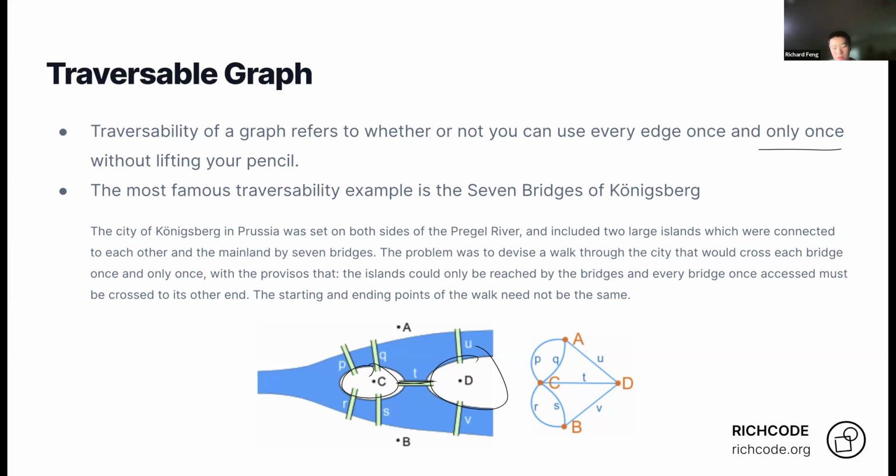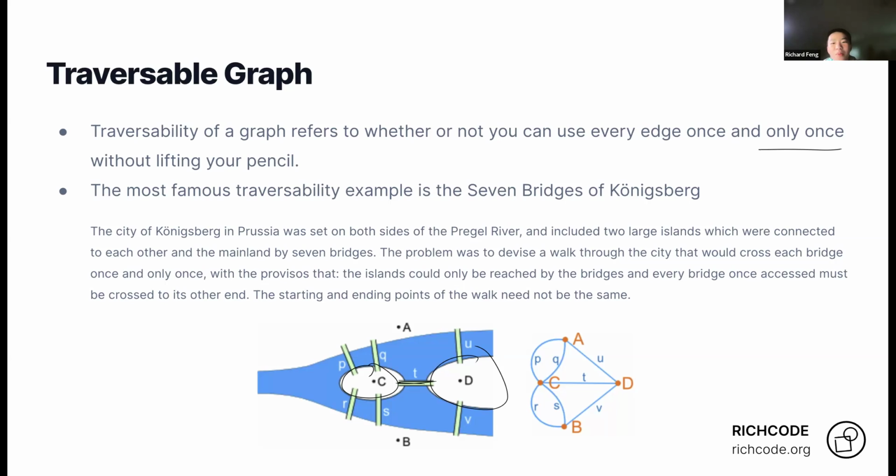The conditions are that the islands could only be reached by the bridges, and every bridge once accessed must be crossed to the other end. So you can't cross halfway and then go back. That is not allowed. The starting and ending points of the walk need not be the same.